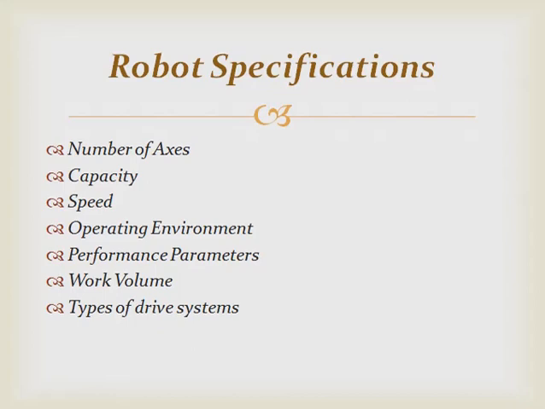Now we can have the robot specification. So how are you going to specify a particular robot? In order to specify a robot, there are different aspects which we have listed here: the number of axes the robot consists of, the maximum capacity of the robot, the speed of the robot, the operating environment in which the robot is performing, different performance parameters, work volume, and types of drive systems.